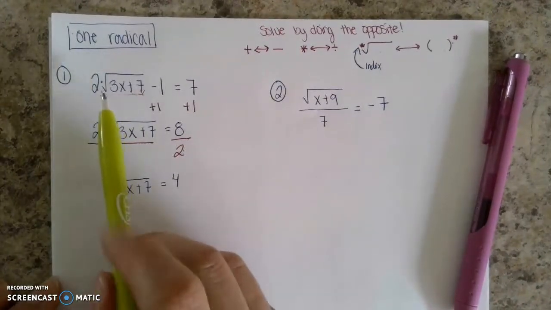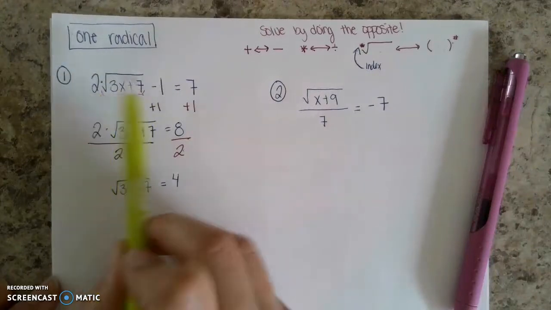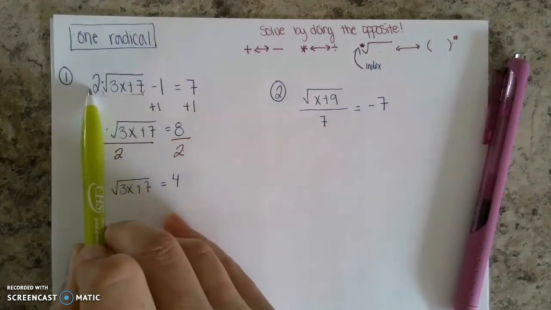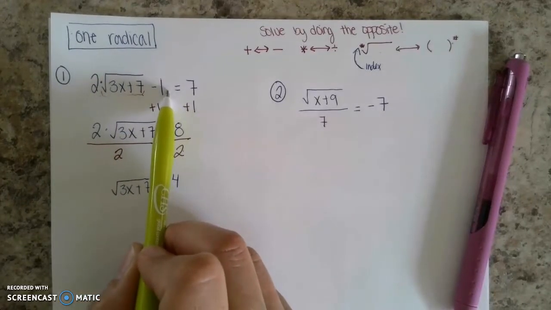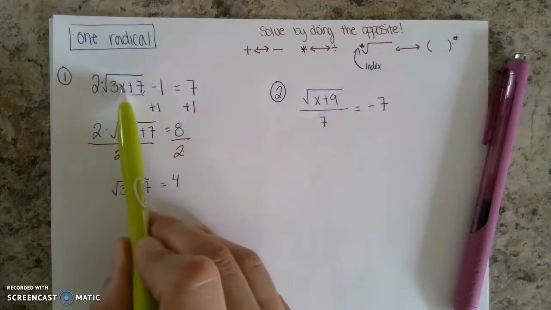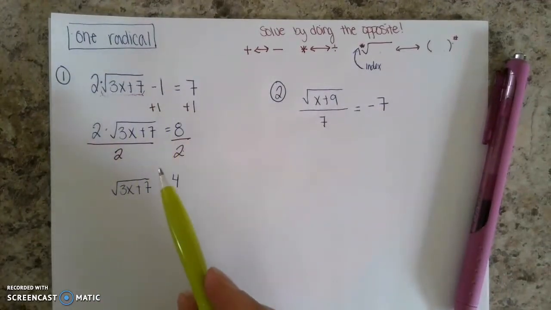So again, my first step here was focused on getting this radical by itself. Anytime you have something outside of the radical like this, whether it's multiplication or addition or subtraction, before we can undo a radical, we need to get it by itself. That's why I moved those first.